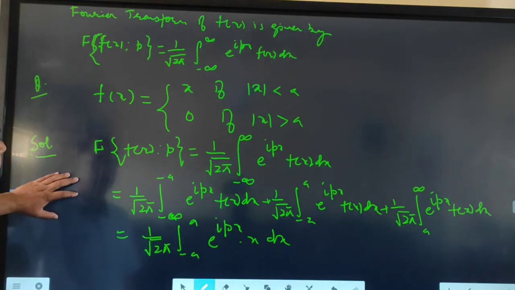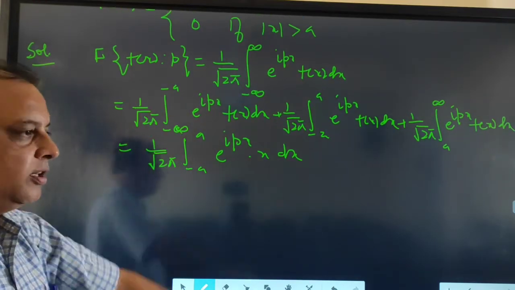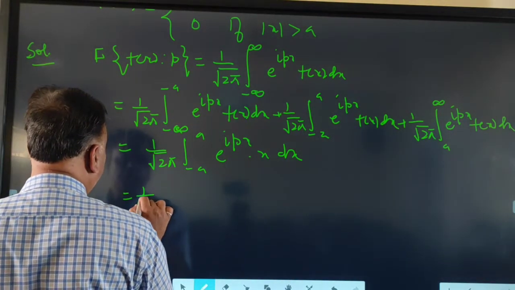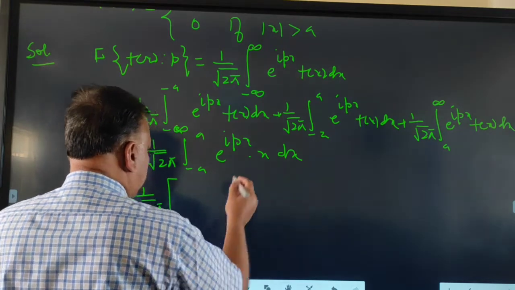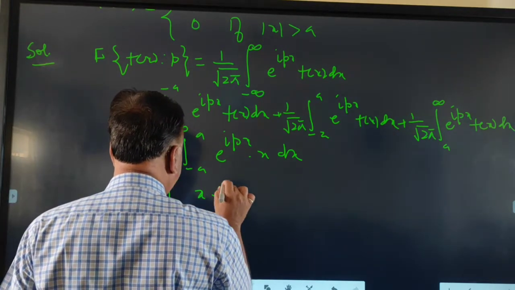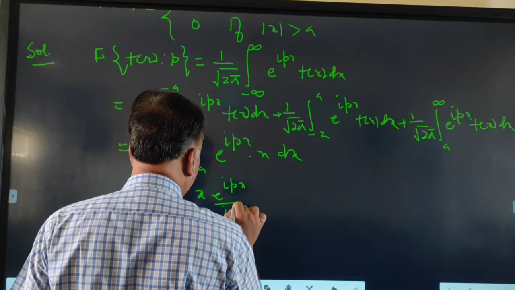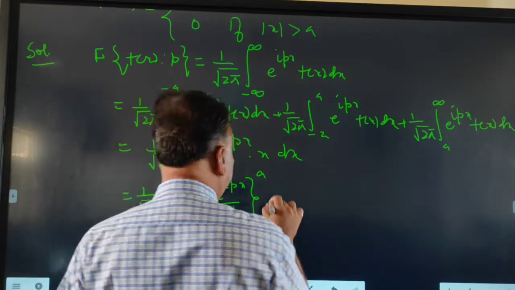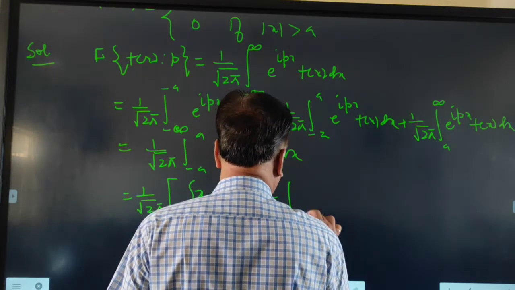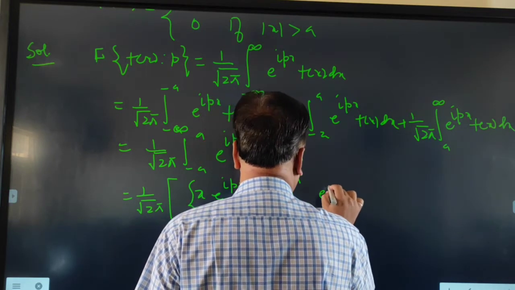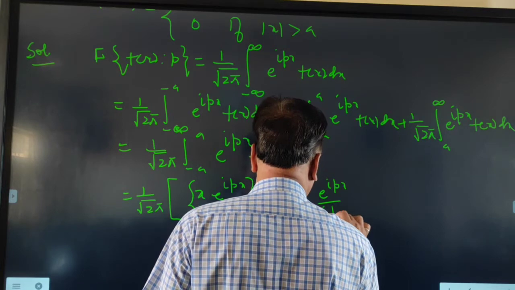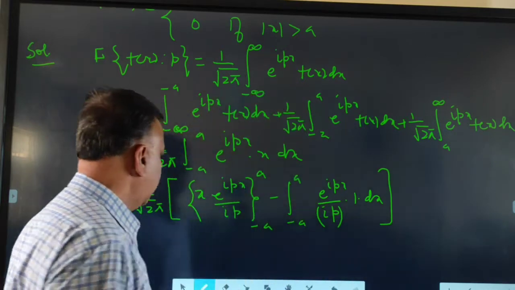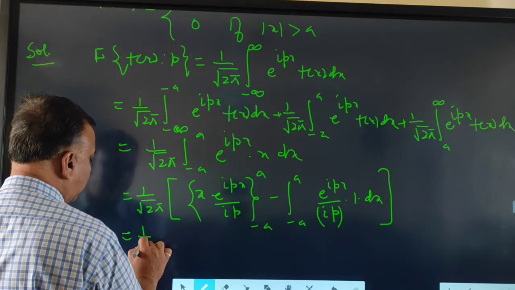Now integrating by parts, we get 1 upon root 2 pi times [x e raised to iota px upon iota p from minus a to a minus integral from minus a to a e raised to iota px upon iota p times 1 dx].